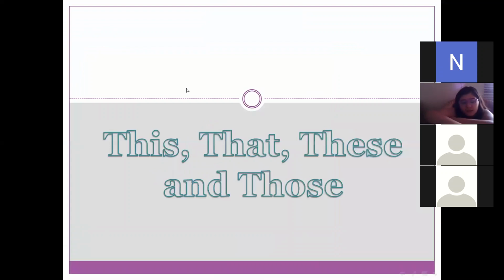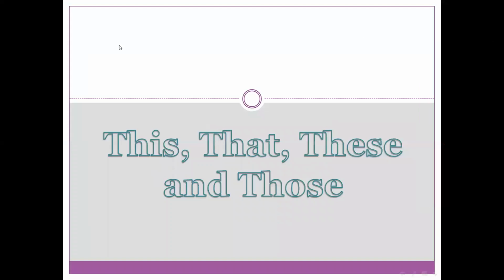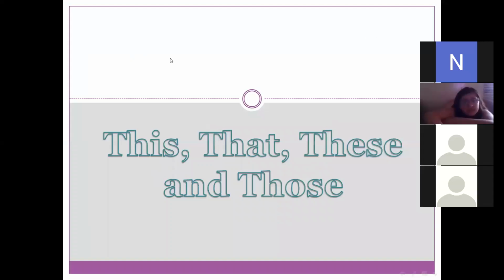Okay. The adjectives this, that, these, and those tell which one or which ones. For example, which apple? This apple.